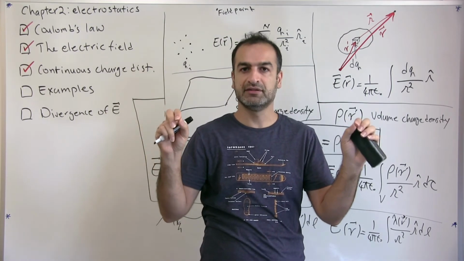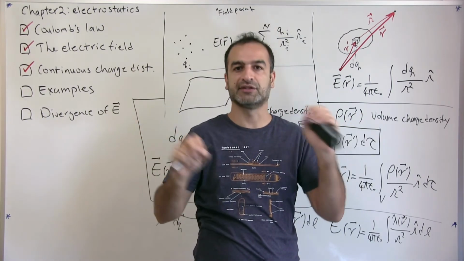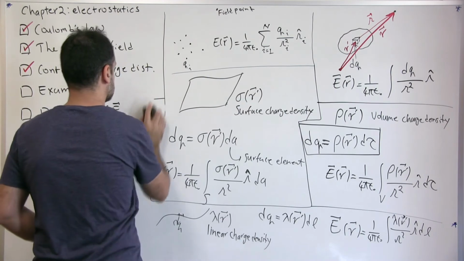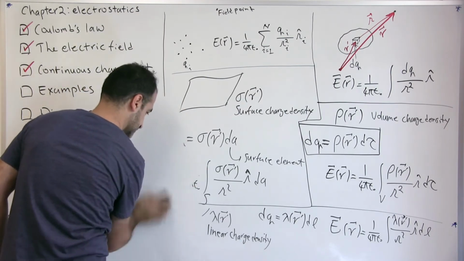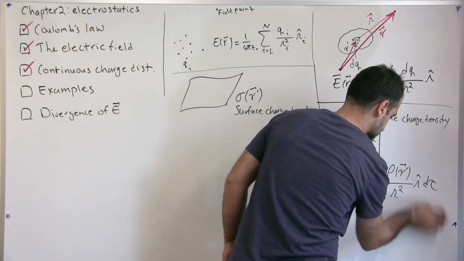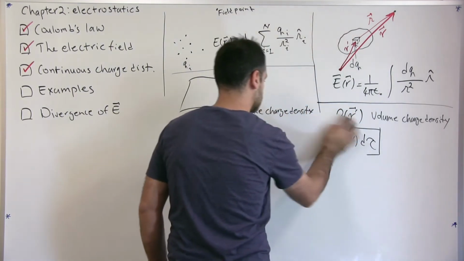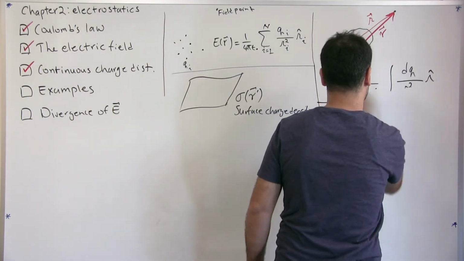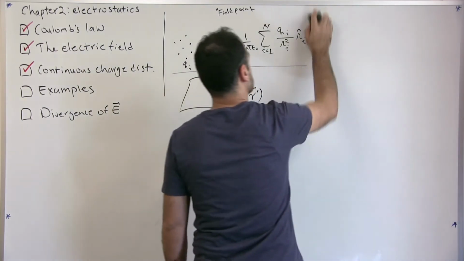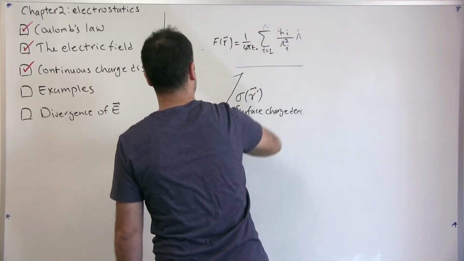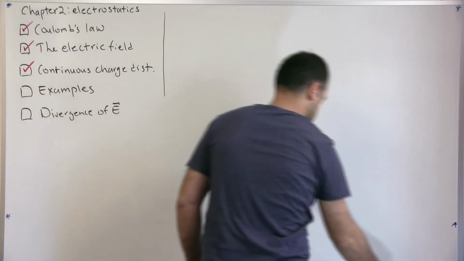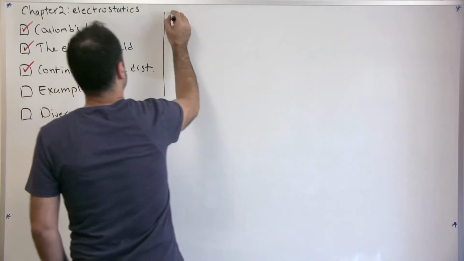So to calculate the electric field, we should do one integration. Okay, so this is example 2.2.